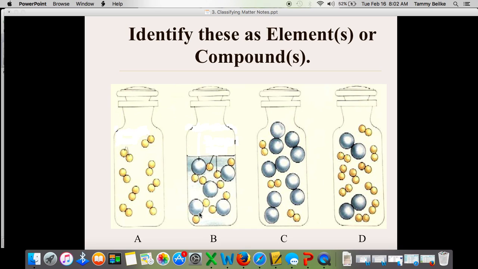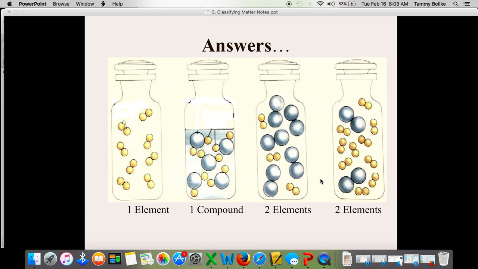This kind of looks like H2O. This next jar, it does have the 2 different elements, but they're not bonded to each other. So the yellows, that's an element, and the grays, that's an element. So you actually have 2 different elements in here. And the last one, same as jar C, except now the jar has a different proportion of yellow to gray. So we've got 1 element in this jar, 1 compound in this jar, 2 elements, and 2 elements.